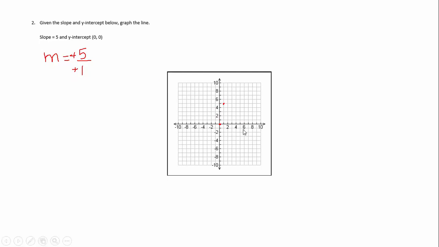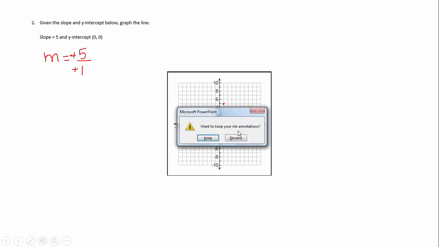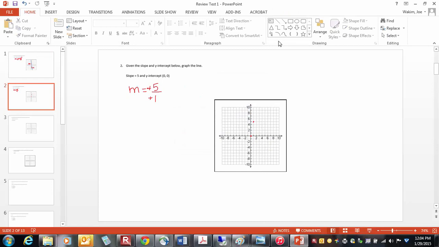And now again, I want to try to graph the line. So I'm going to use the tools. Here are the tools. So this would be the line. And I can also extend this line to cover the whole page.